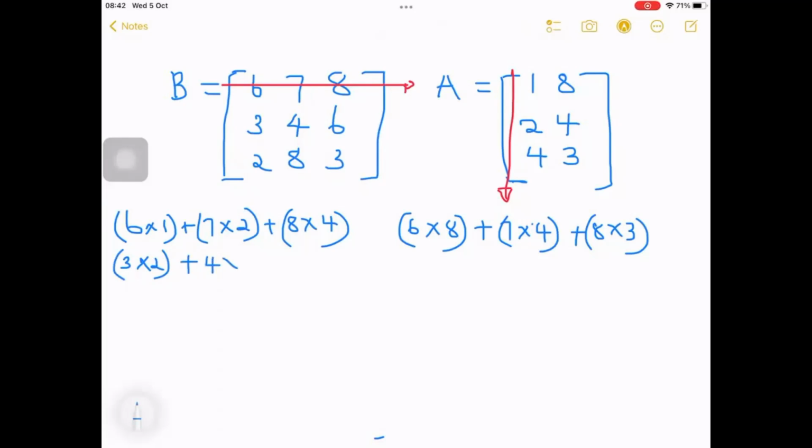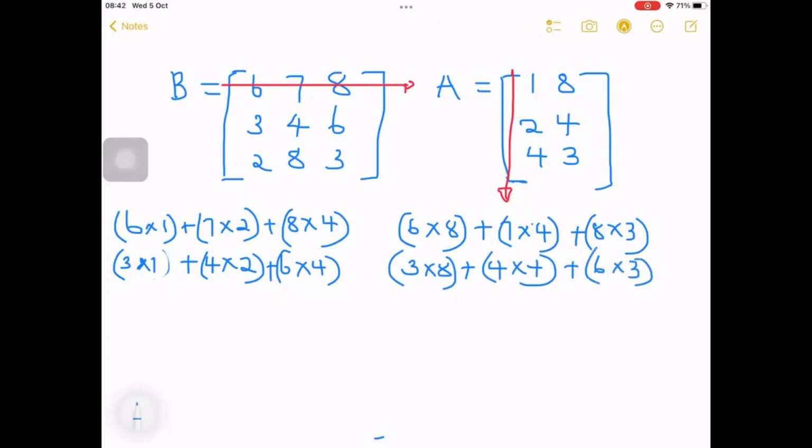Here we have 3 multiplied by 1, sorry, the first entry should be 3 multiplied by 1, then plus 4 multiplied by 2, then plus 6 multiplied by 4. Then we have 3 multiplied by 8 plus 4 multiplied by 4 plus 6 multiplied by 3.